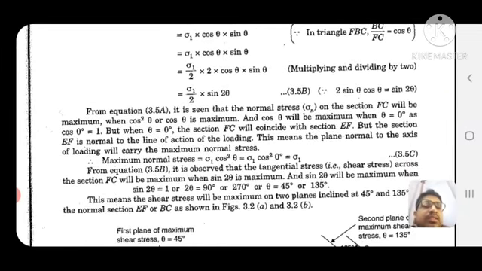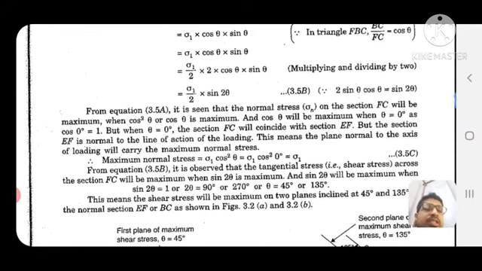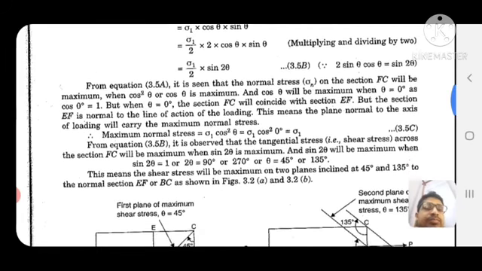It is seen that the normal stress sigma n on section FC will be maximum when cos square theta, or cos theta, is maximum, and cos theta will be maximum when theta is equal to 0 degree, as cos 0 degree is equal to 1.